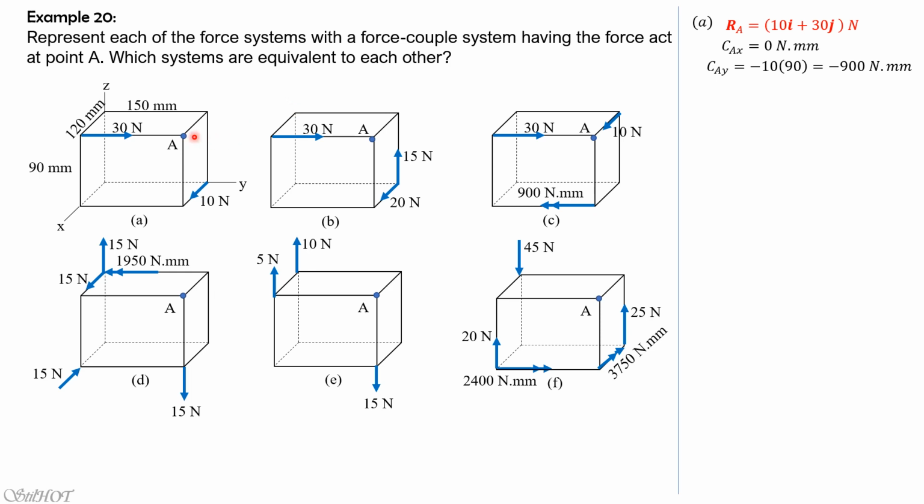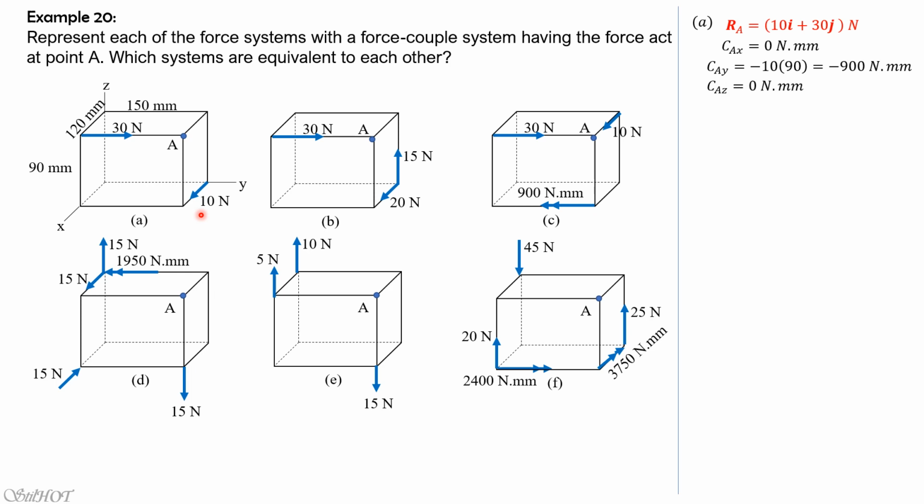Then how about the AZ axis? About the AZ axis, the 30 Newton force passes through the AZ axis, so 0. The 10 Newton force also passes through the AZ axis, obviously. So CAZ is also 0.